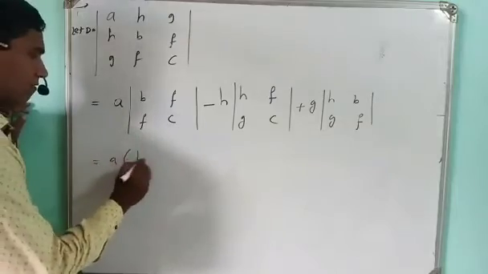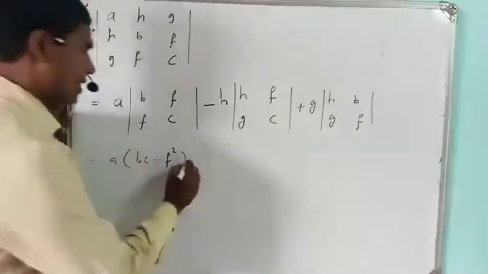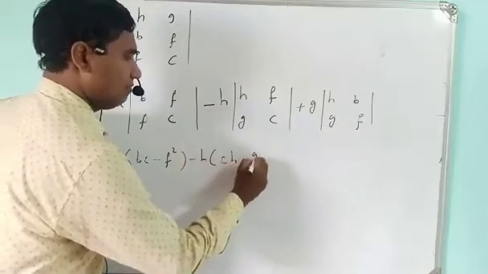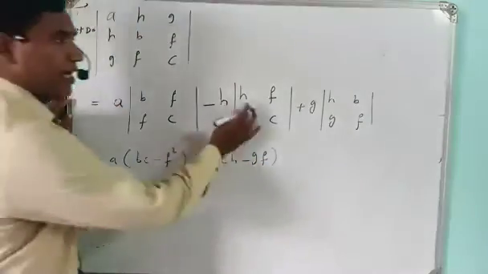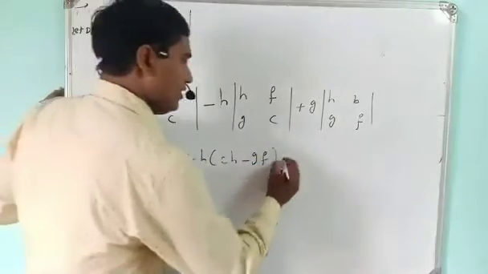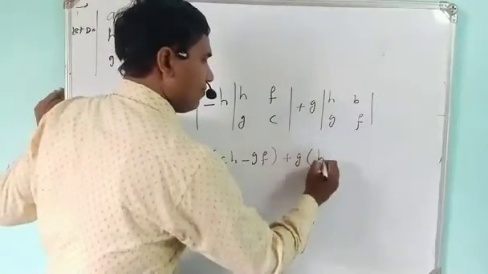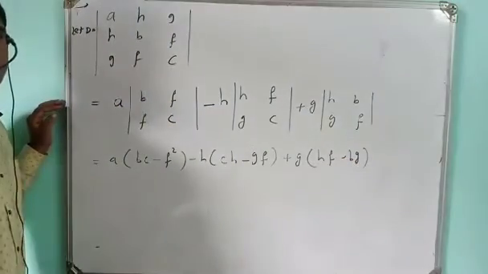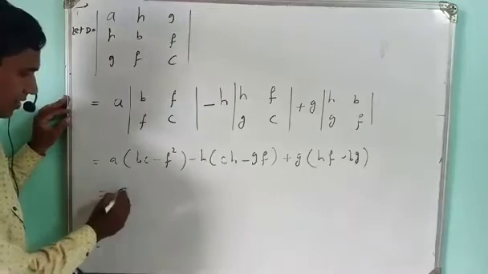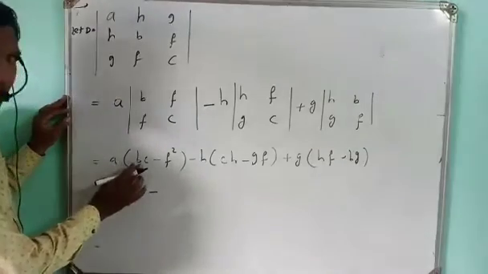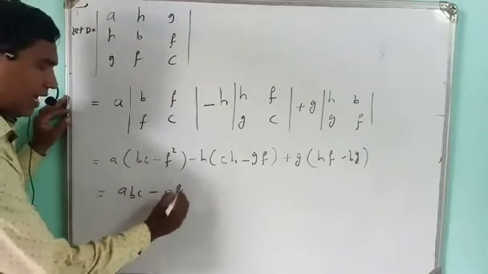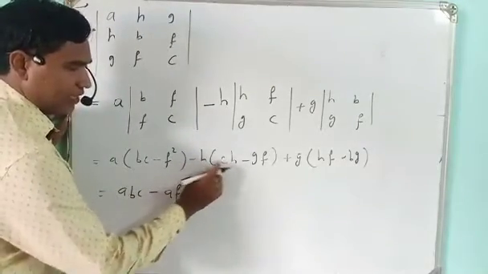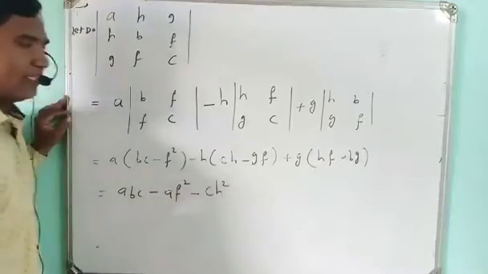A, B, C minus F square, minus H, H, C or C, H minus G, F. Okay, A, B minus B, C plus G, then H, F minus B, G. Okay, so now after solving: A multiplied, minus AF square, minus CH into H, CH square.